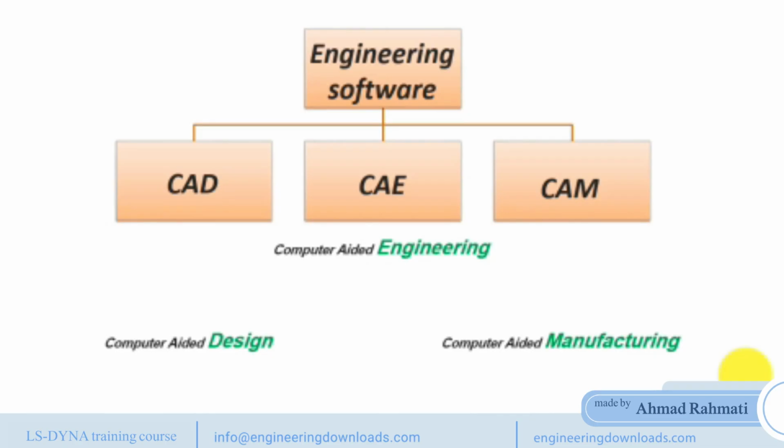In engineering, we have three categories of software: CAD, computer aided design, and CAE, computer aided engineering, and CAM, computer aided manufacturing.